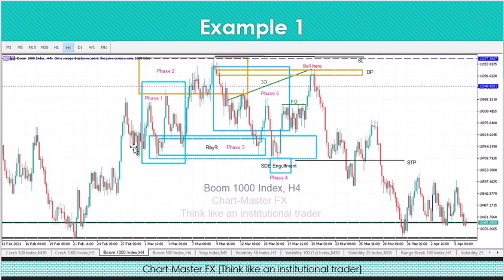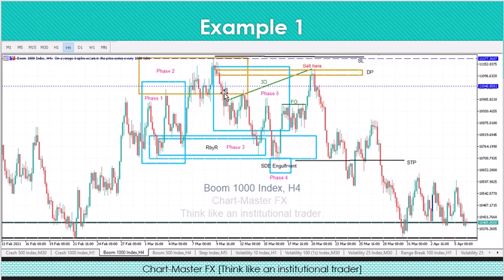So we have phase number one here, guys, and you can see that the price was able to engulf this and it created a higher high. Once we see that we have a higher high here, we can draw our phase number two. You go to your checkbox and tick the box for phase number two, that it has been met.